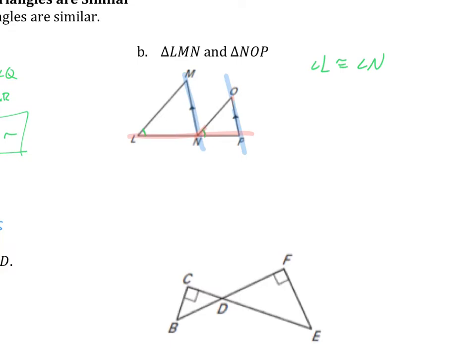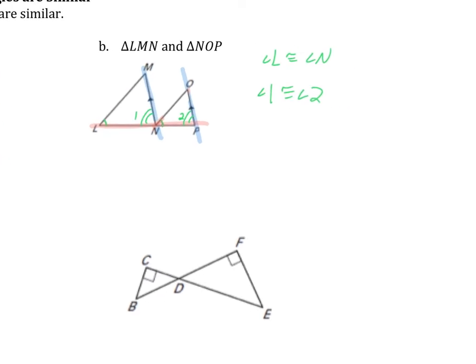They're cut by a transversal, and if you look, we have corresponding angles. I'm gonna call this angle 1 and this one angle 2. So we would say angle 1 is congruent to angle 2, and the reason why is from earlier this year.